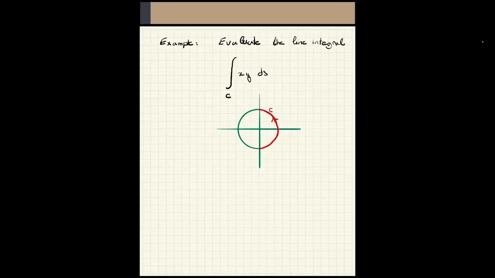Okay, so this is the circle x squared plus y squared is equal to 16.